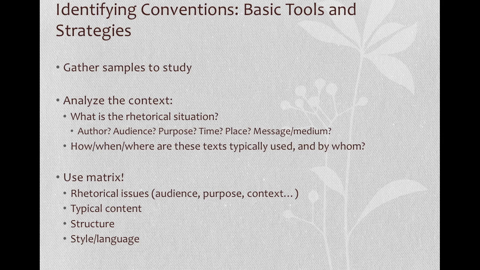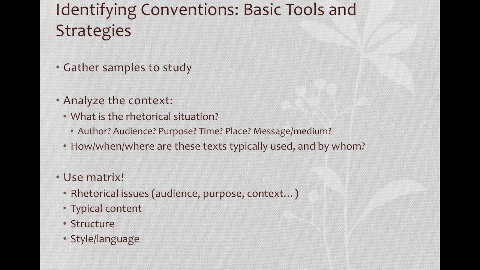The next thing you can think about doing is analyzing the context of the genres that you've gathered, those samples. What's the rhetorical situation behind the samples you've looked at? And if you recall, when we've learned about the rhetorical situation, that involved understanding the entire situation around which rhetoric is made through that text, right?